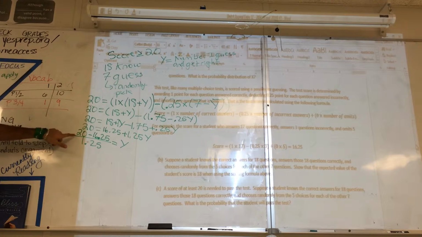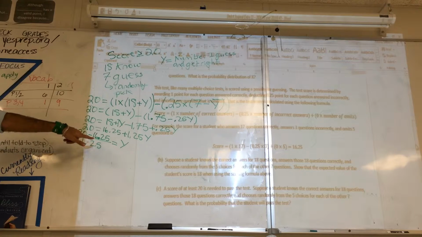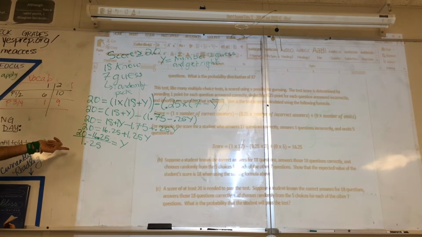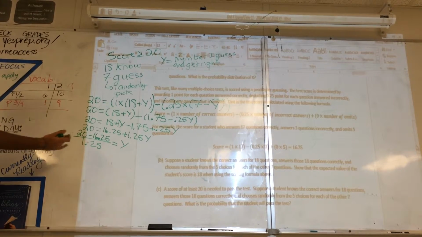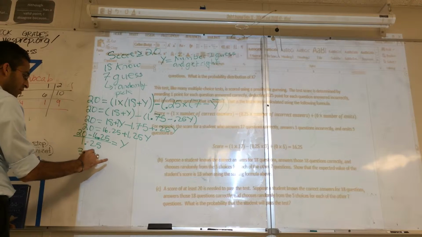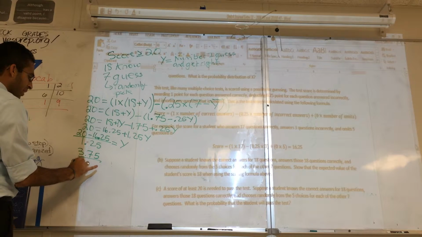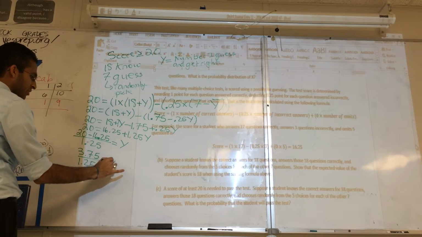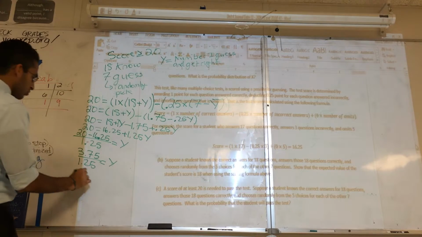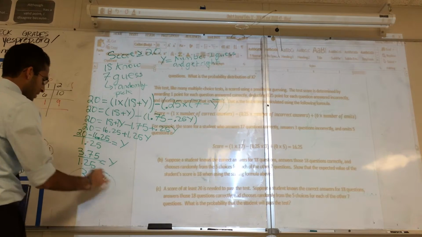But this is just a number. If you do this on your calculator, 20 minus 16.25 is 3.75, divided by 1.25, which is just 3. So that means 3 has to equal y.